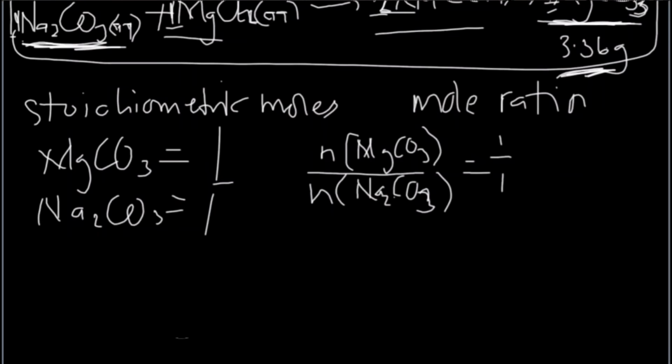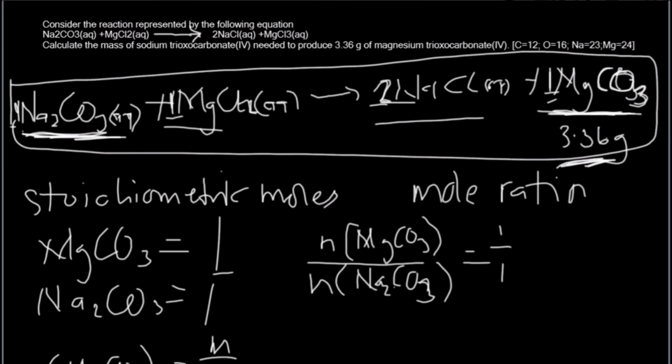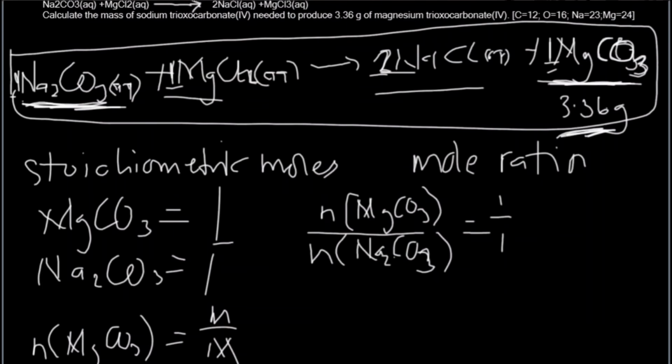Okay, so let's calculate the moles for magnesium carbonate. Moles for magnesium carbonate equal mass over molar mass. From the question, Mg is 24. So let's calculate the molar mass.